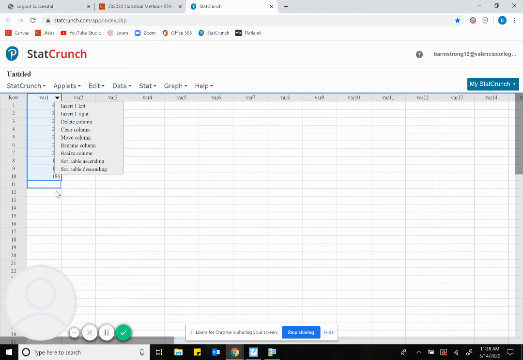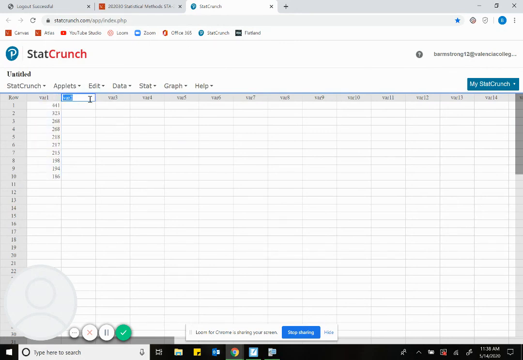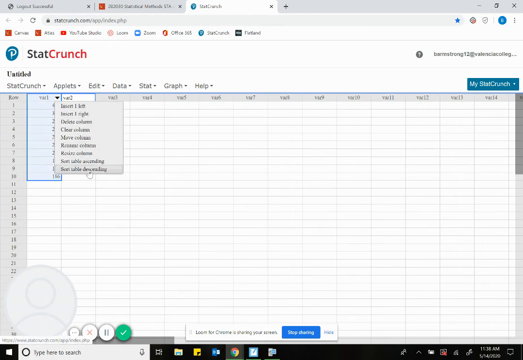So if your data is not in order here and you put it in, you can go right to the arrow on each column. Click on that little arrow, and then right there I can sort it descending or ascending. So there's ascending. It can sort it right there for you.